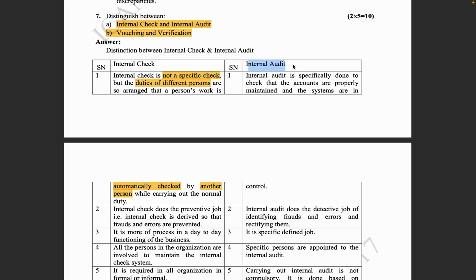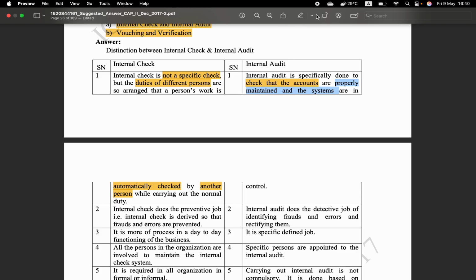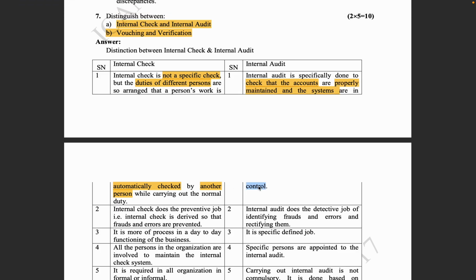Internal audit is specifically done to check that the accounts are properly maintained and the systems are in control.